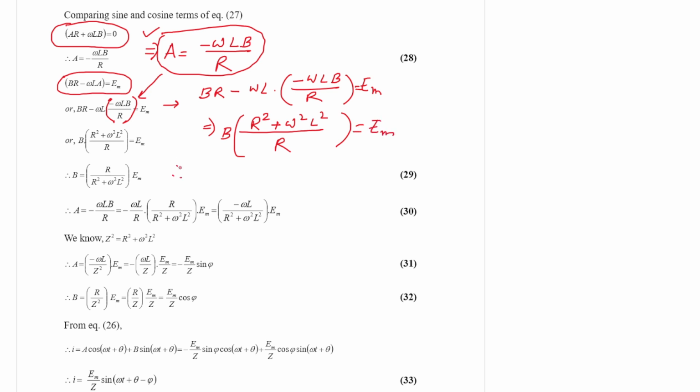So B is equal to R into Em by R square plus omega square L square. That is the value of B we have evaluated.